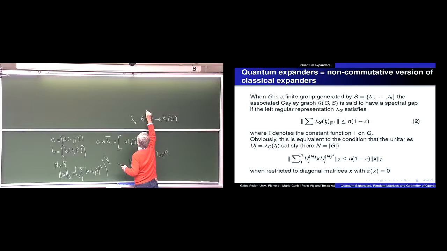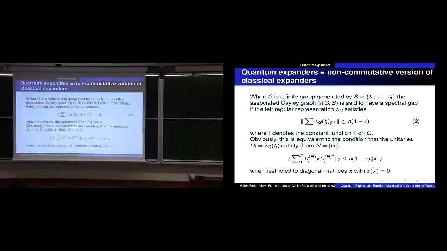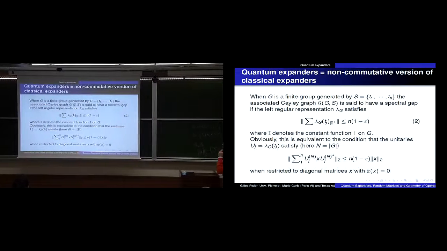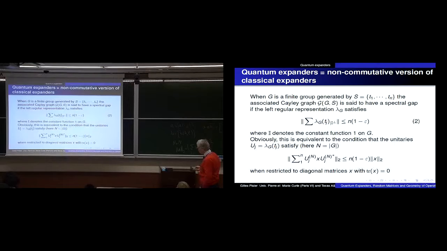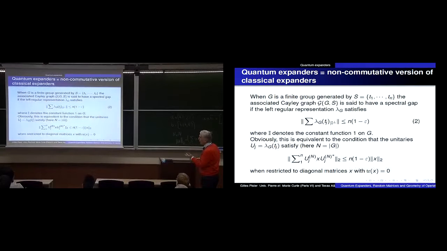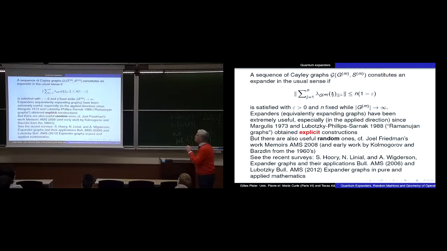And this takes a basis element delta T to delta ST by lambda G S. Well, one way to see that we have a connection is to write this elementary fact that if we restrict to diagonal matrices and we look at our transformation on diagonal matrices of trace 0, then this is exactly the same thing as this when we take for the uj these unitaries here. But that's not so interesting.